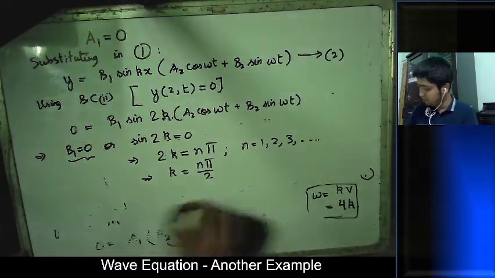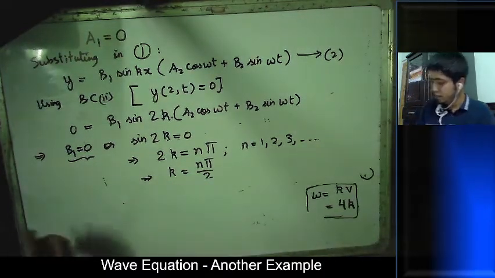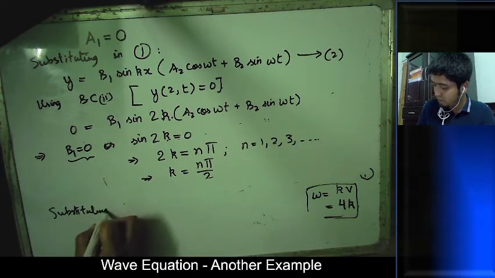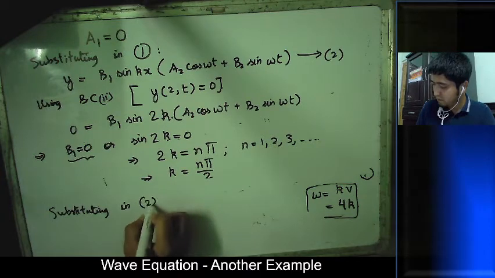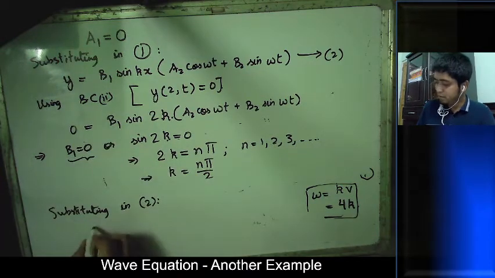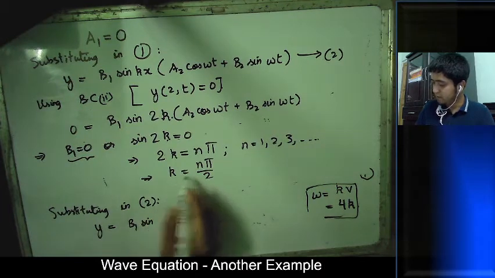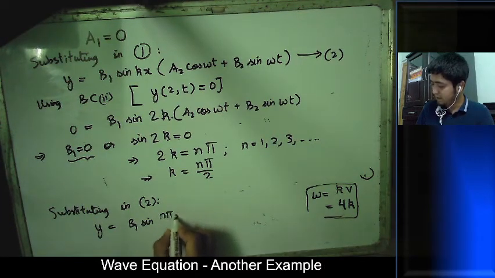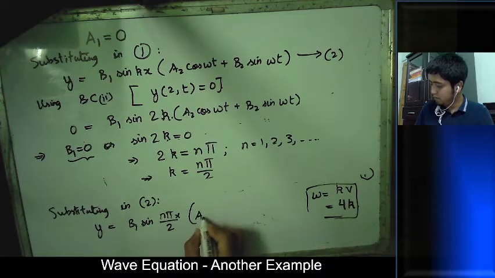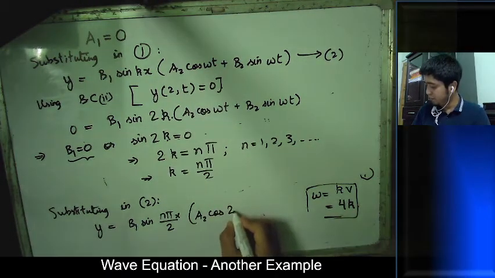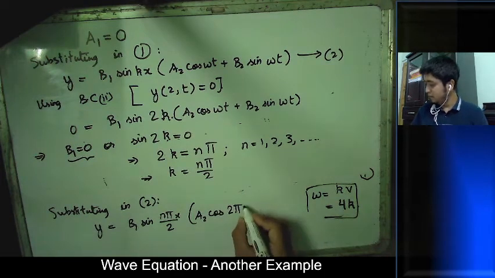So substituting in 2, we will get that y is equal to b1 sin(nπx/2) times a2 cos ωt, where ω is 4k, so it will be 2nπt.